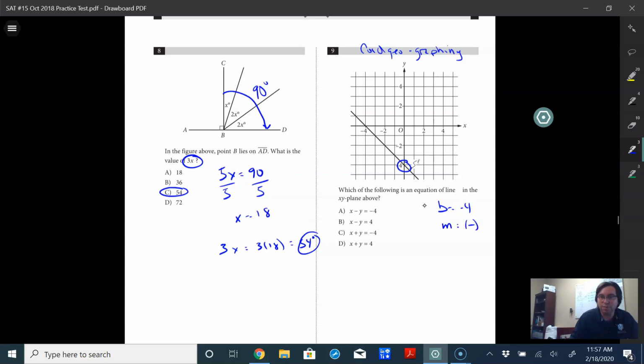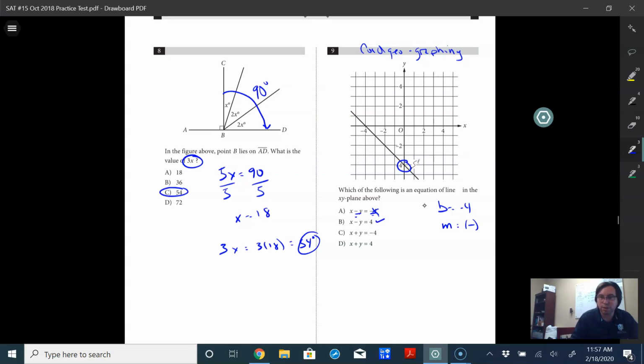So here we have -y, and so we know we're going to have to divide by the negative and get rid of that -y. Once I divide by that negative, that's going to make that a positive. Here I have a negative and I divide by that, so that's going to make that -4, so that piece checks, the intercept.